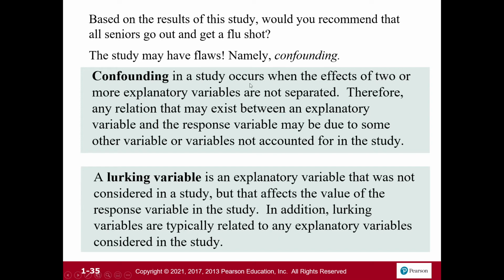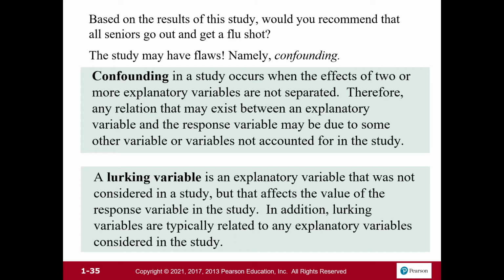First, confounding in a study occurs when the effect of two or more explanatory variables are not separated. Therefore, any relation that may exist between any explanatory variable and response variable may be due to some other variable or variables not accounted for in the study.